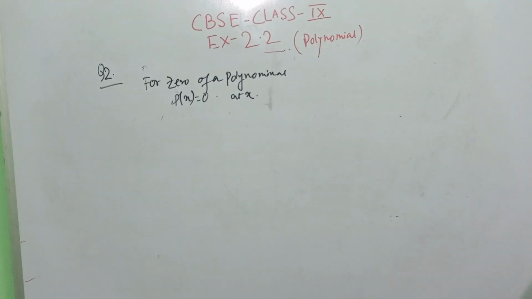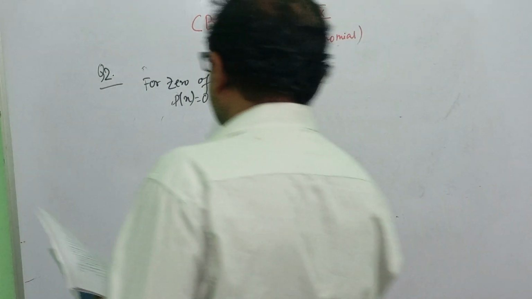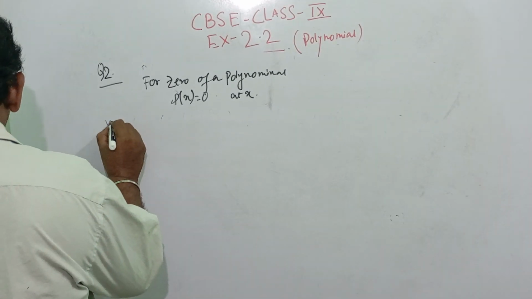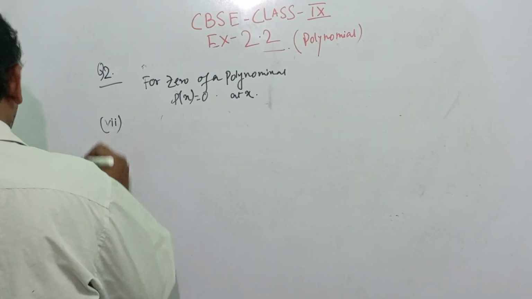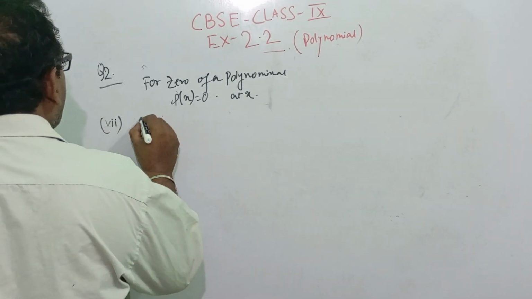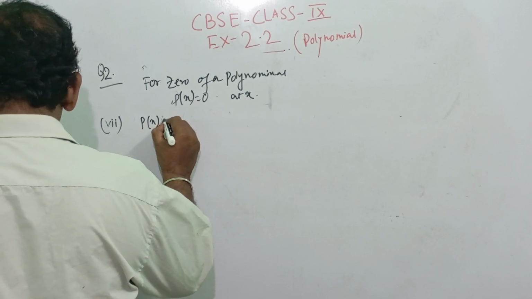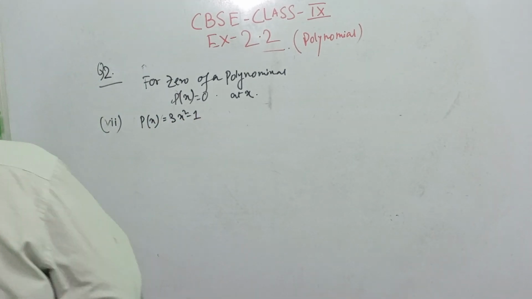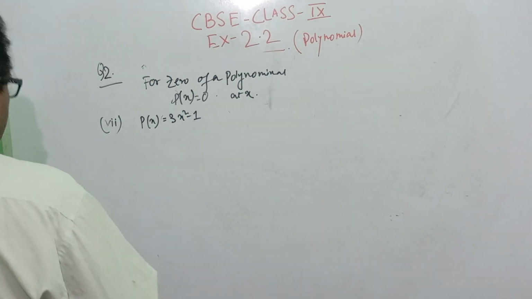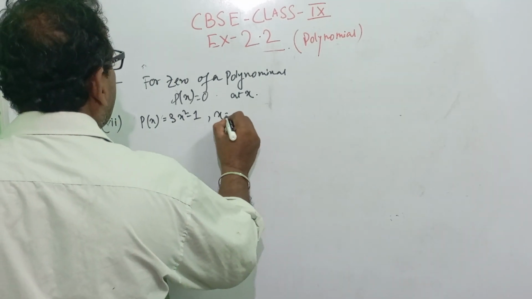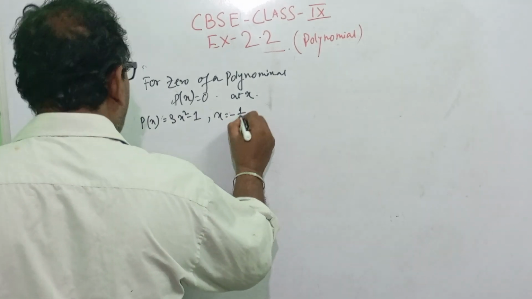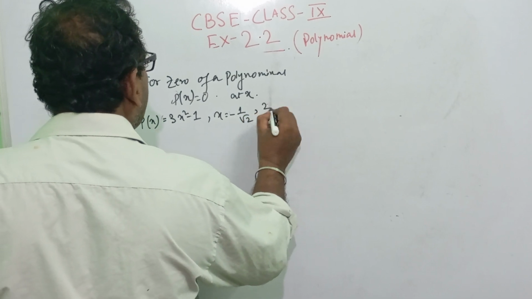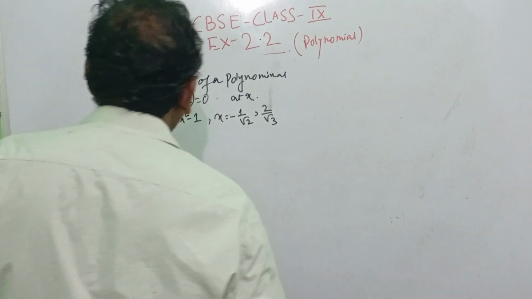Now do that. p(x) is equal to 3x square minus 1, when x is equal to 1 by root 3 and 2 by root 3.